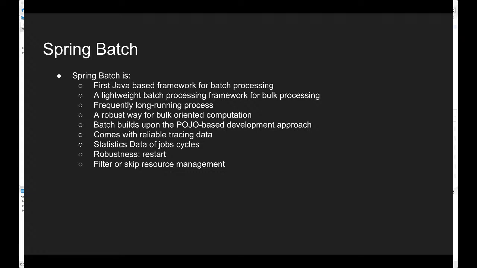The next best feature is skipping or filtering resources. For example, let's say we want to migrate one database to another, and we want to skip some items based on some precondition. Spring Batch gives us that feature as well, so we can filter them according to our need and save other resources as needed. So this is what Spring Batch is.